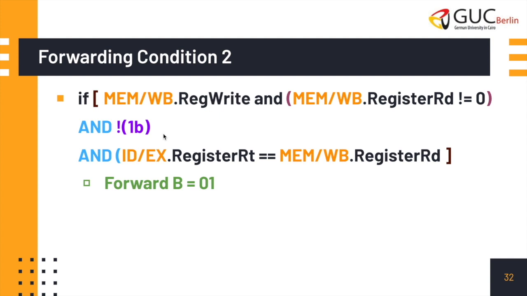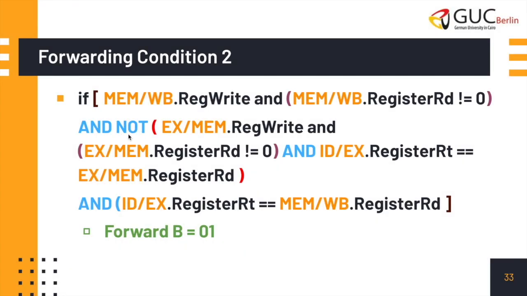Breaking down not 1b, I will transfer this not notation into a not, and I will put the 1b condition. So this is the not and this is the 1b condition. Okay, and as you can see, I'm checking on what?